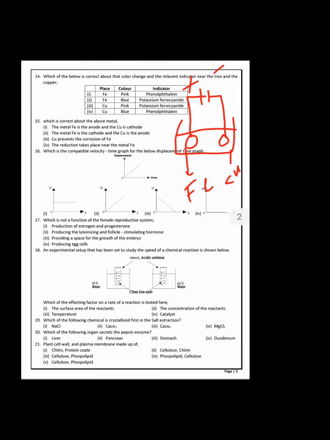You can see here, the metal Fe is anode and the copper is the cathode. The metal Fe is cathode. They have given a change: Cu prevents the corrosion of Fe. The reduction takes place near the metal.